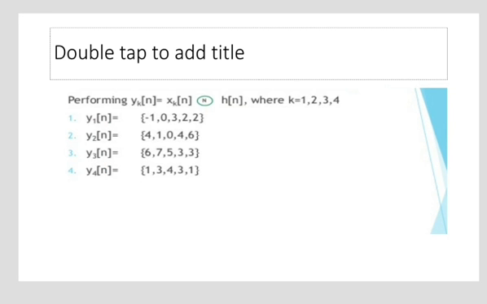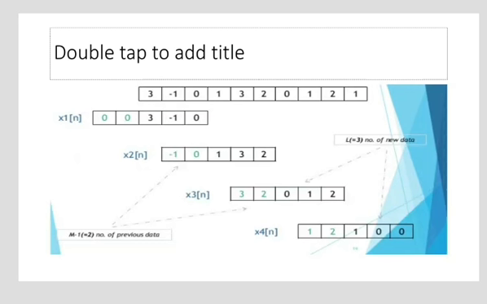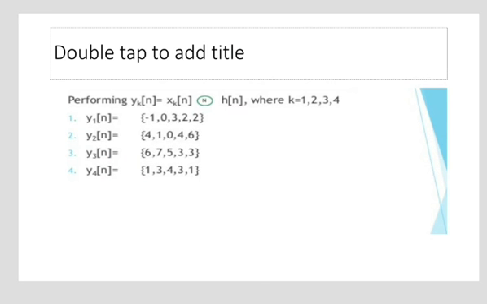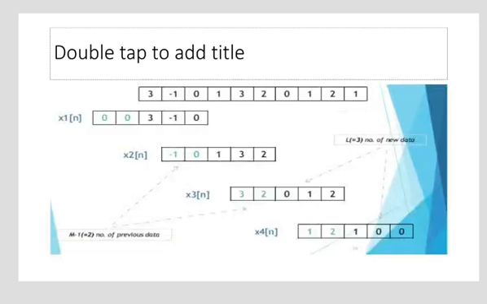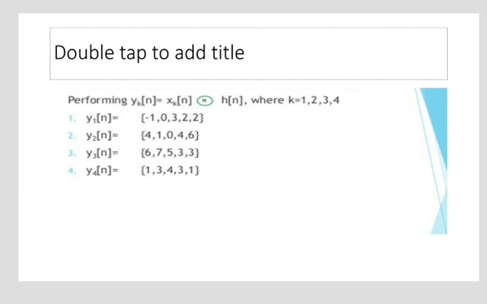That is, we have to make the circular convolution of x1(n) with h(n). Now the value of x1(n) is 0, 0, 3, -1, 0 and the value of h(n) is 1, 1, 1, 0, 0. So the output, that is the value of y1(n), will be -1, 0, 3, 2, 2. All these values are obtained by using circular convolution.